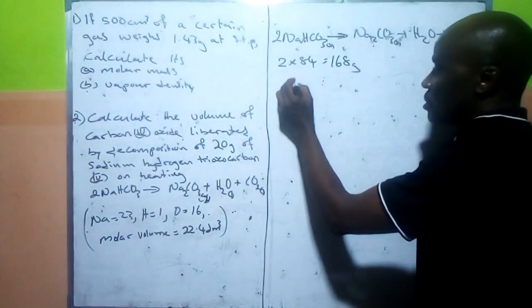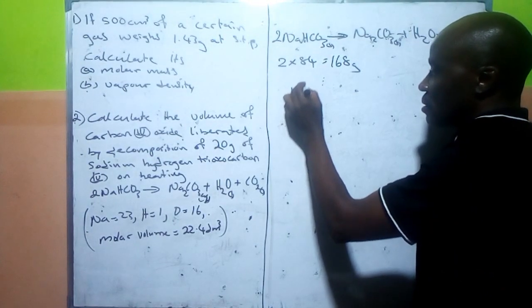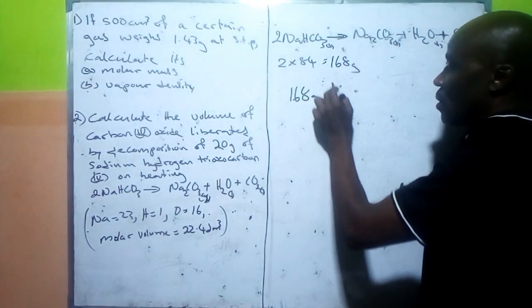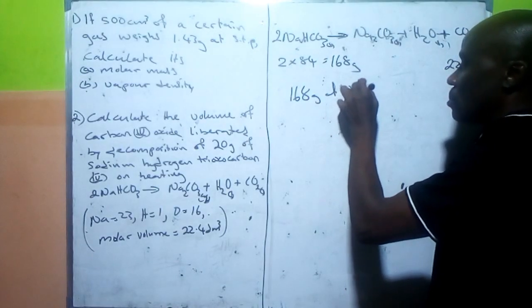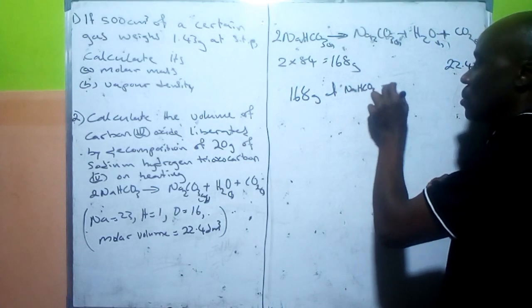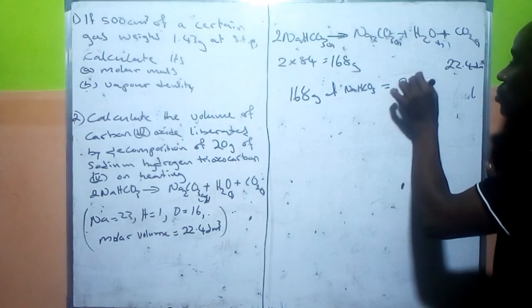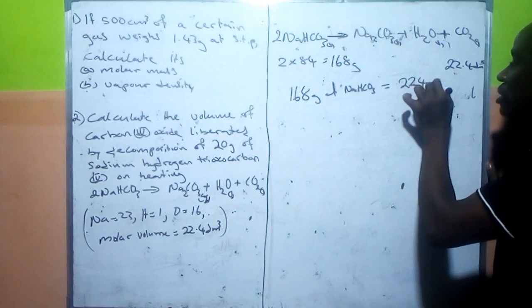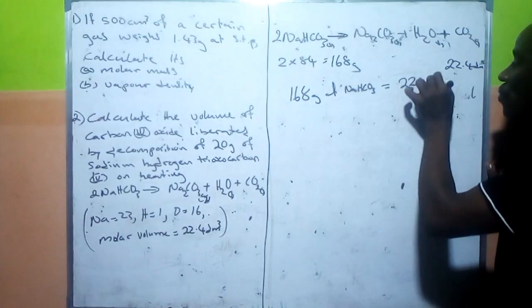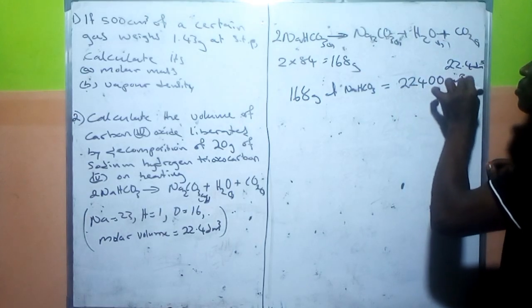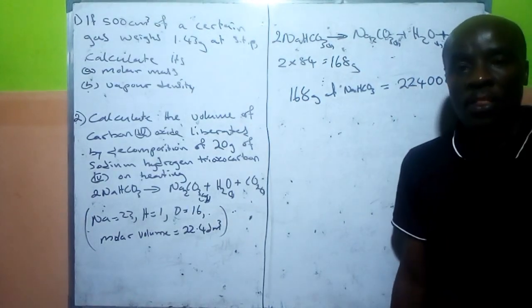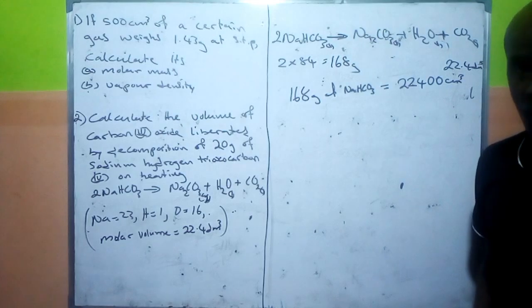That means 168 grams of sodium hydrogen trioxocarbonate will give us, let's just use cm cube, 22,400 cm cube of carbon dioxide.